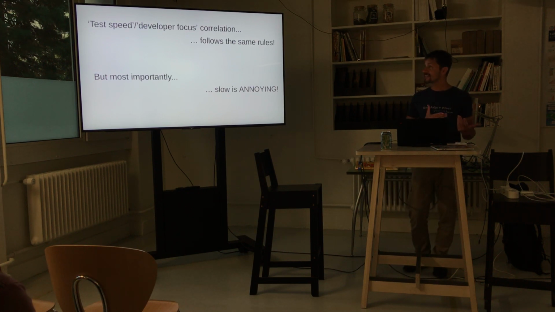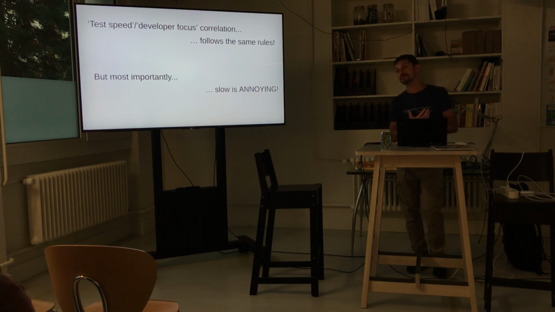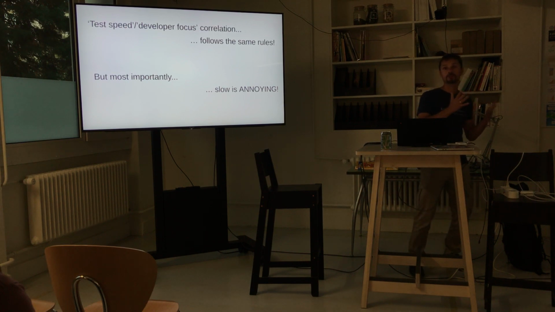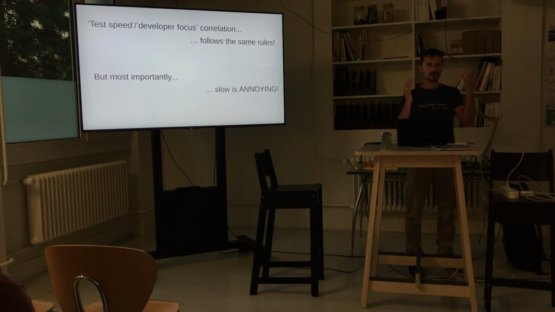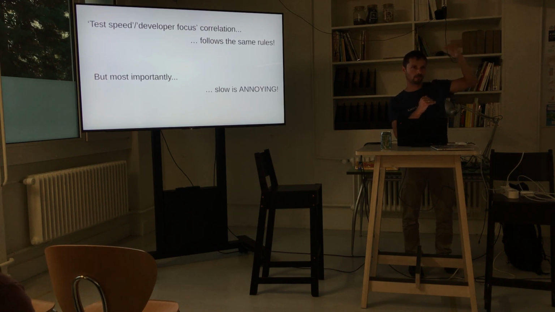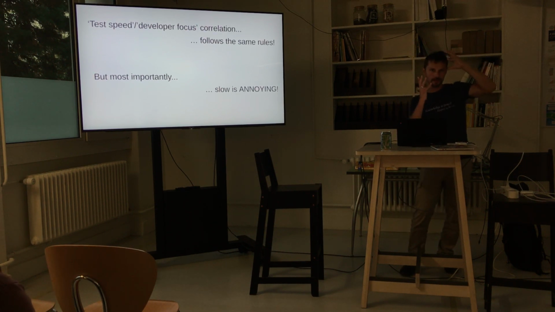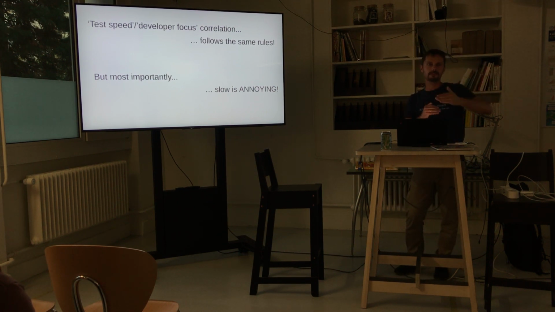And for that reason, when tests become slow, you tend to run them less often. And when you run them less often, you tend to put a lot more code in between the test runs. That means next time you run the test and something fails, it becomes harder to understand what triggered the failure if the change was big.